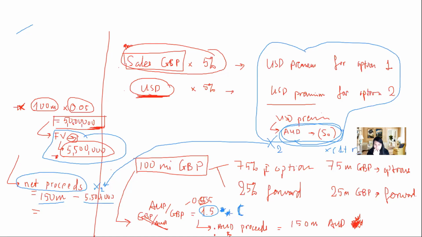Yeah, I think I provided it to you on the slide before. That's the rate we can find on the CME Group website. So this is the option rate, or the strike price.